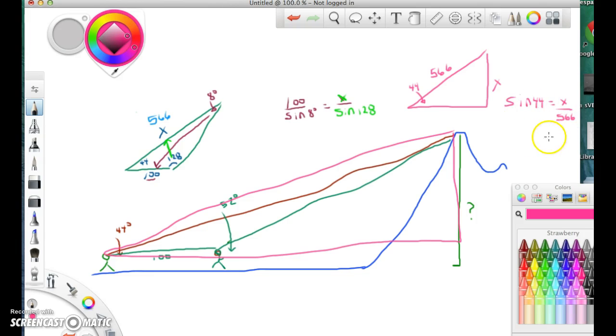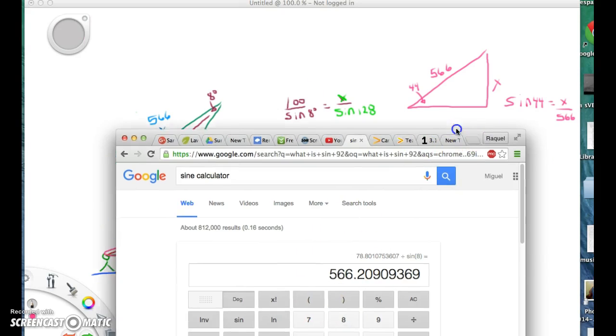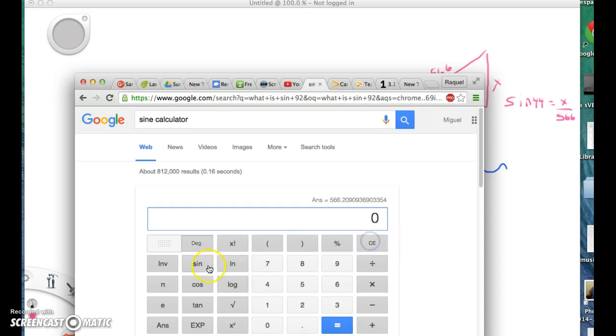Okay, so you're basically saying that, actually, we need to find out what the sine of 44 is first. So calculator. Okay. Sine of 44 is 0.69.